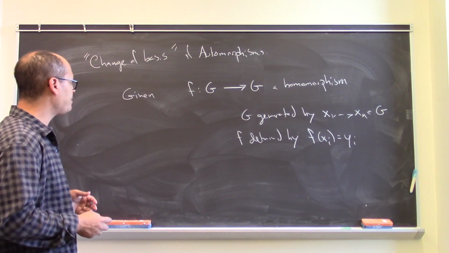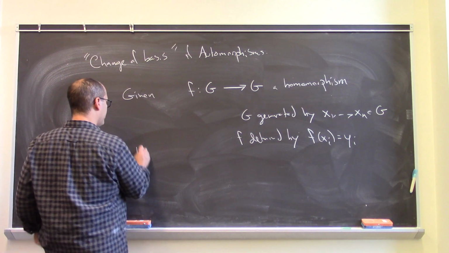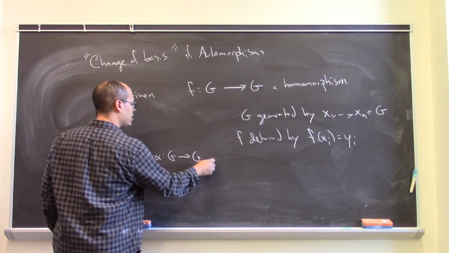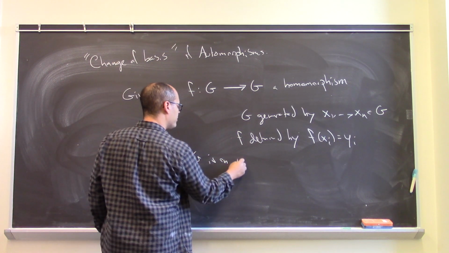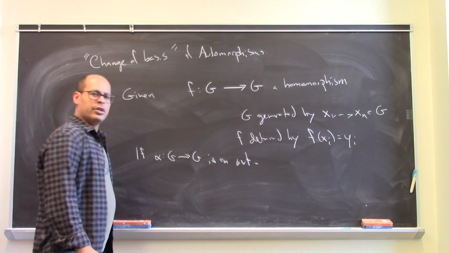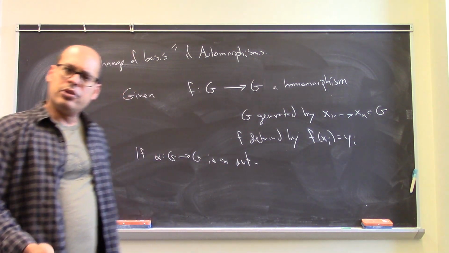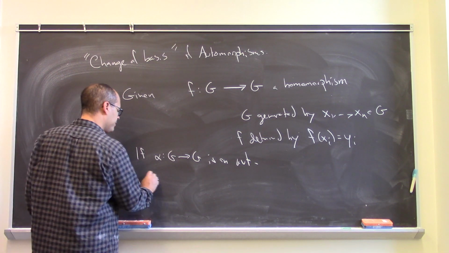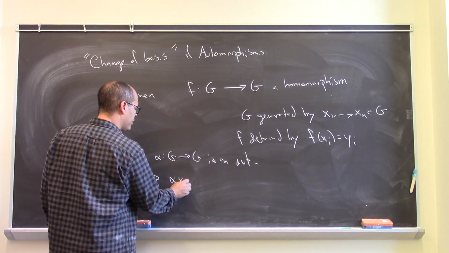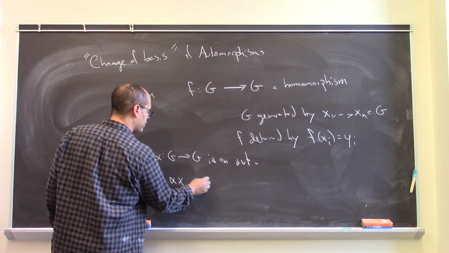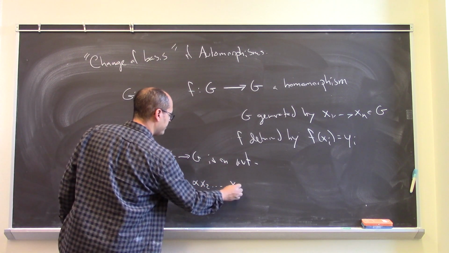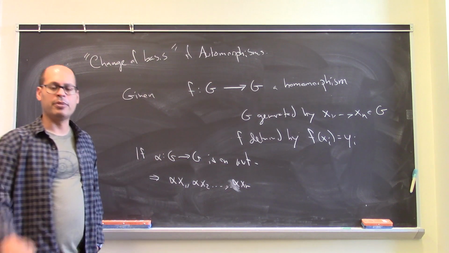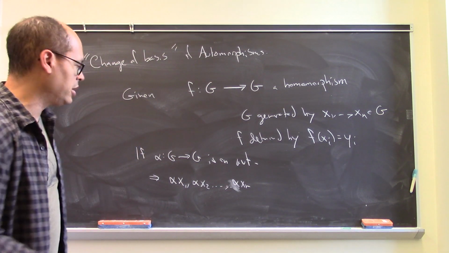Now, if alpha goes from G to G as an automorphism, then we can use alpha to get a new set of generators, namely alpha of x1, alpha of x2, etc., and these are going to be a perfectly valid generating set as well.